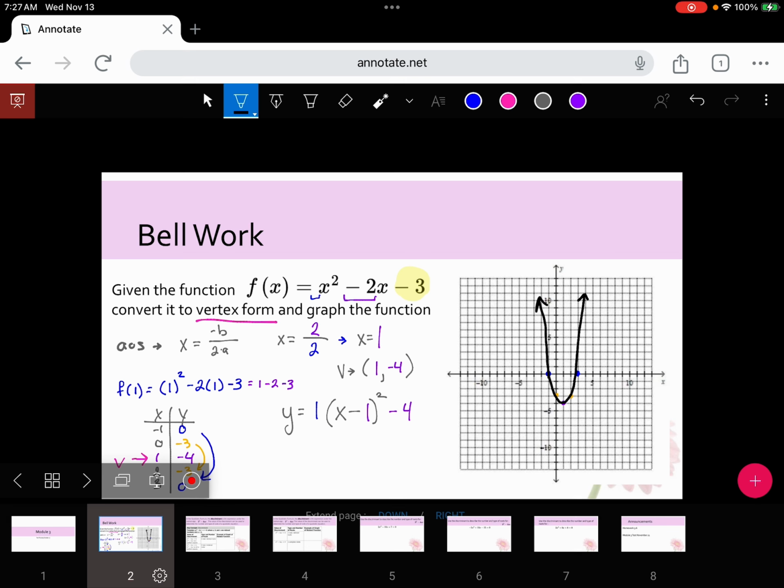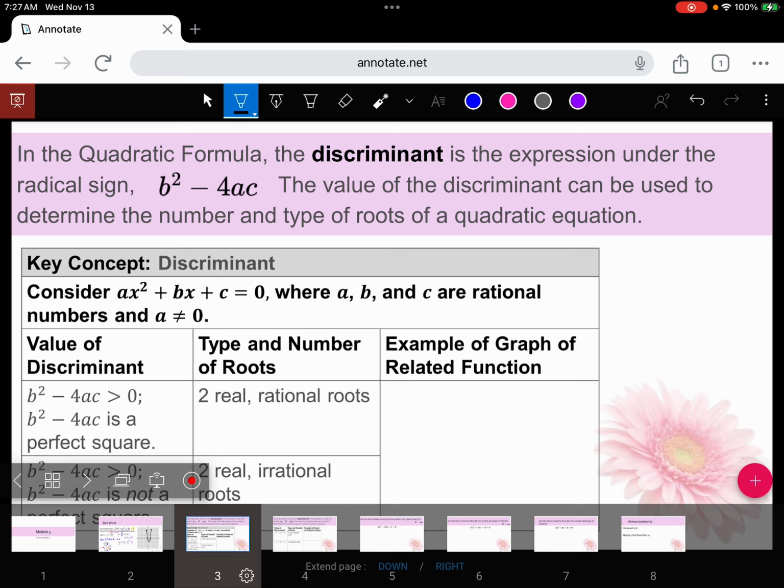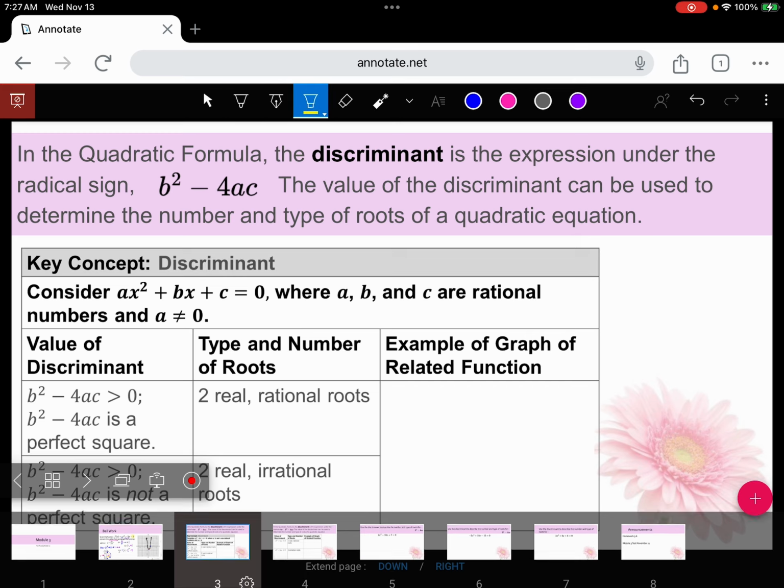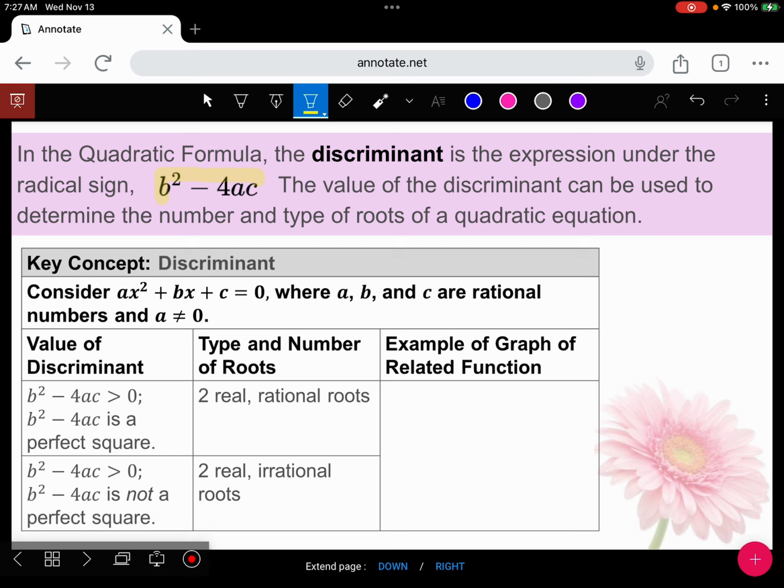And it's a piece called the discriminant, which you have worked with several times before. So inside the quadratic formula is the discriminant. It's this shockingly familiar expression that we have used in bell work repeatedly.